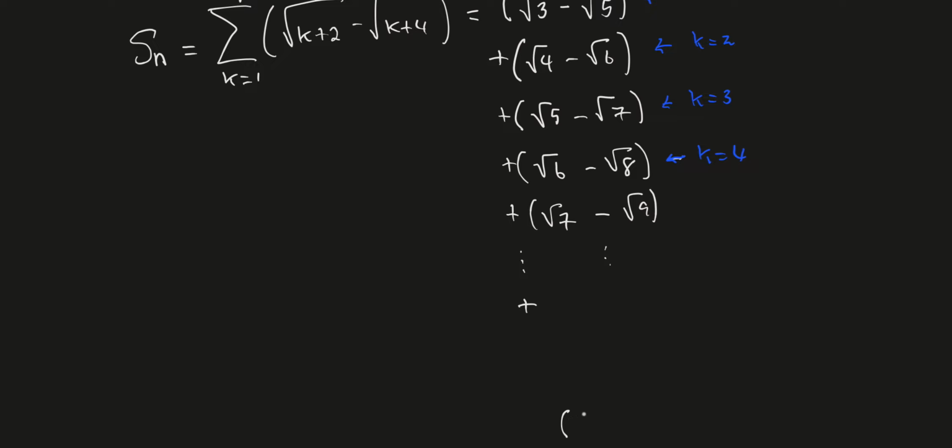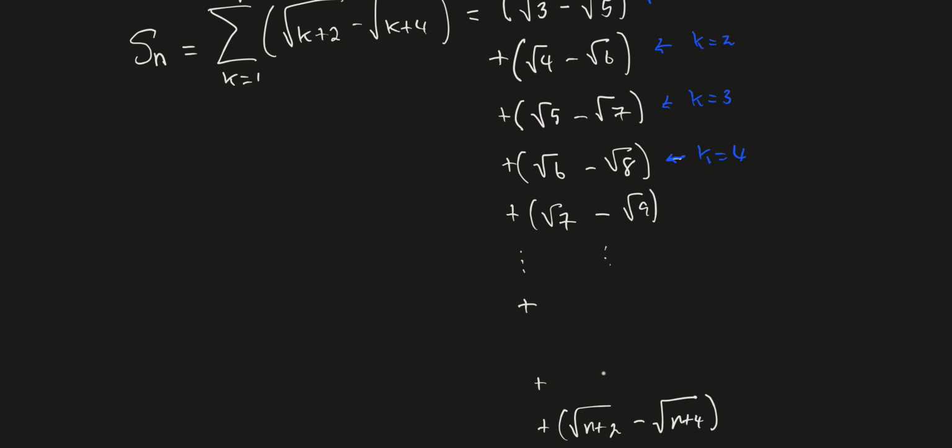So if I plug k equals n in, I'll have the square root of n plus 2, and then minus the square root of n plus 4.